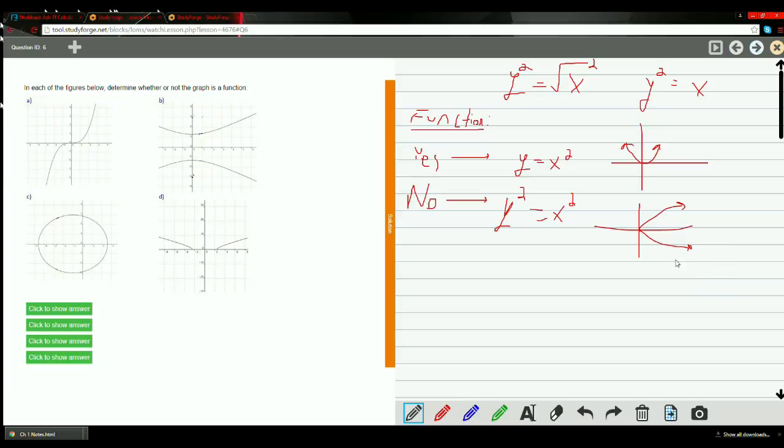Now if you do the line test, there will be two outputs for the same input. A function has to pass the vertical line test. Here it does, but in this example, when you go straight, you'll get two outputs.